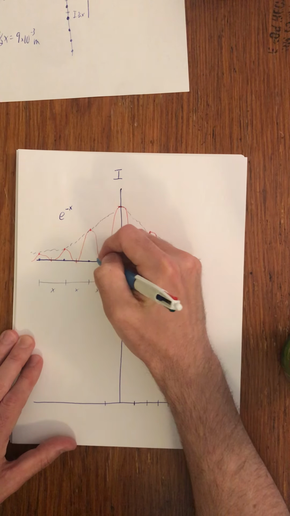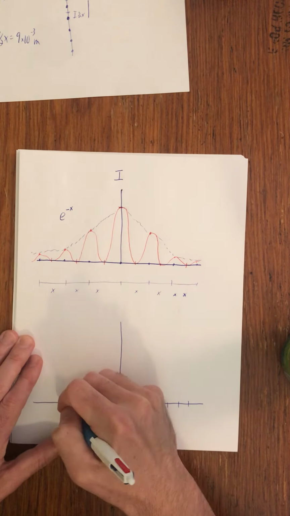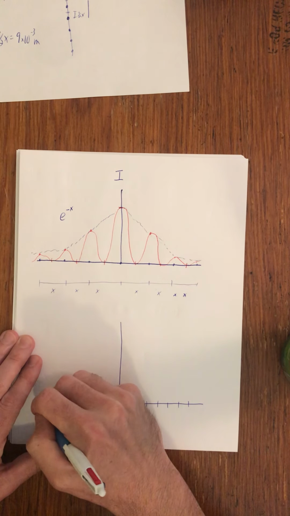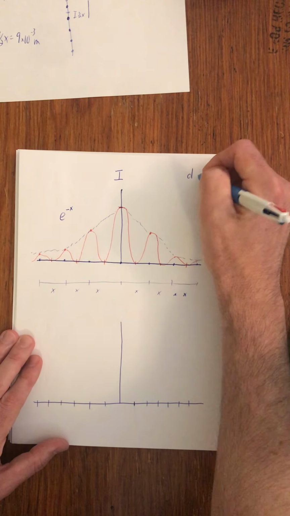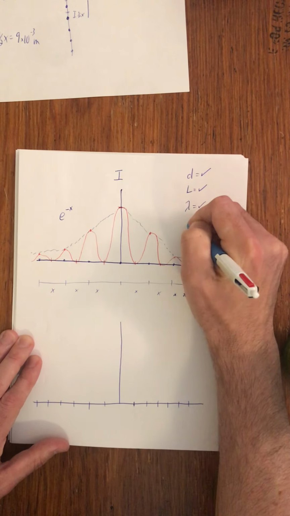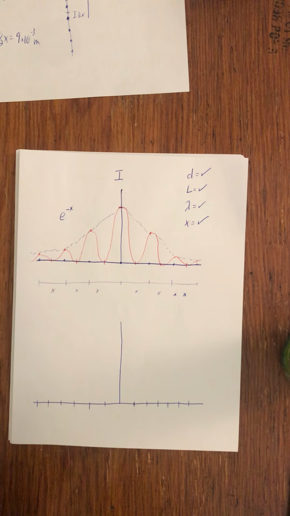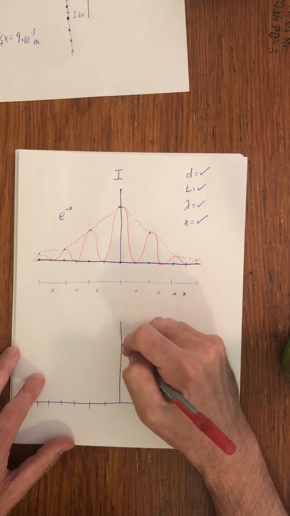Let me just translate my axes markings down here. In other words, assuming that d is equal in both, L is equal in both, and lambda is equal in both, therefore x has to be equal in both. But what's different is how sharp these peaks are.